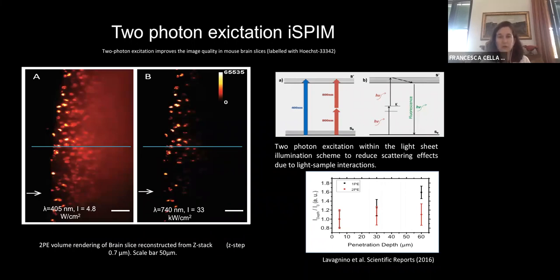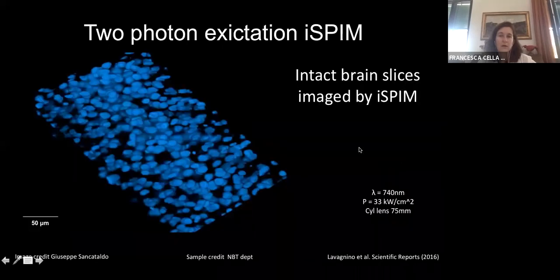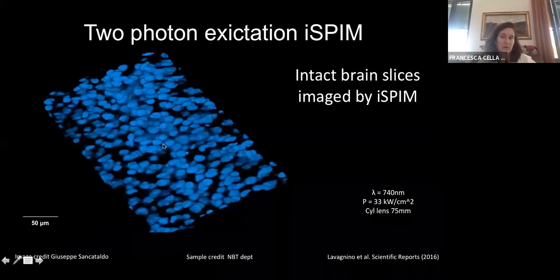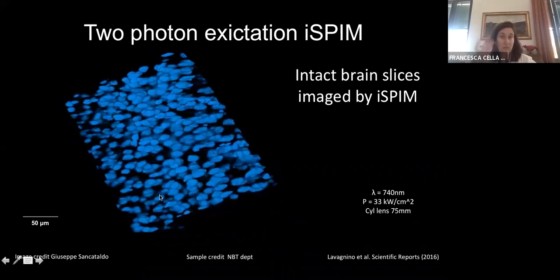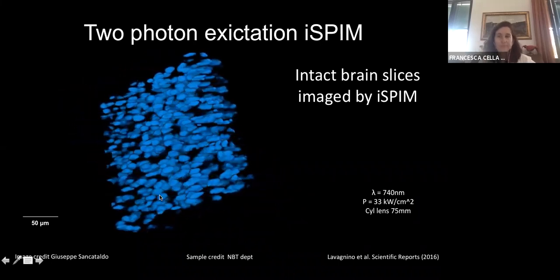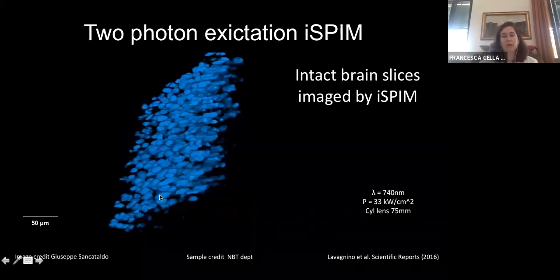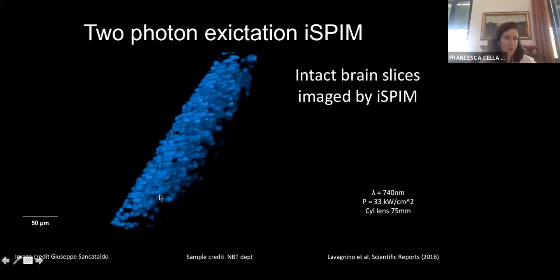So only the combination of different aspects, like using multiphoton and using the inverted configuration, can bring to a successful imaging of tissues. Here, as I was mentioning before, you can see the image of the brain slice. And now it should be more clear why we need the inverted configuration.